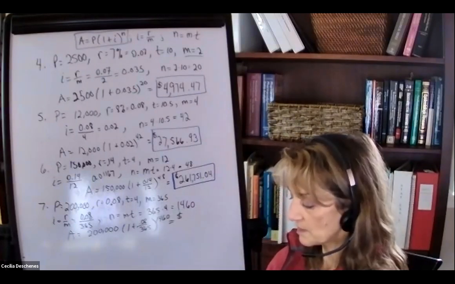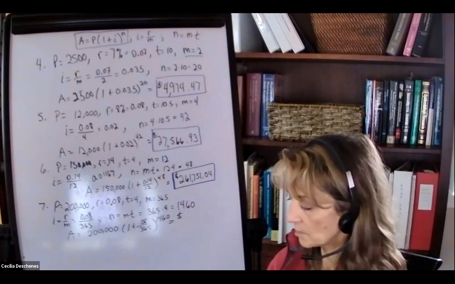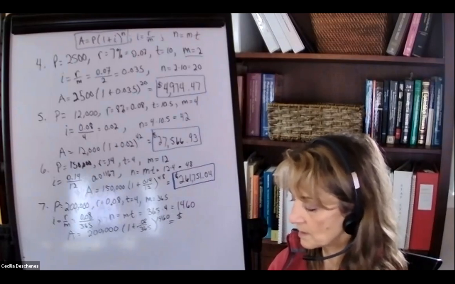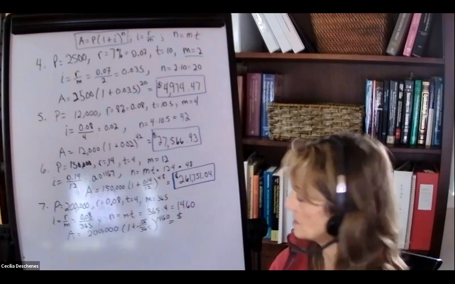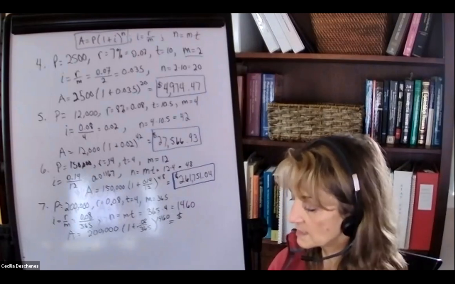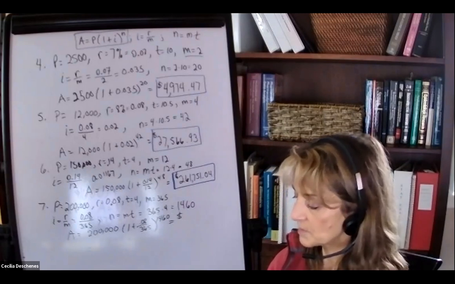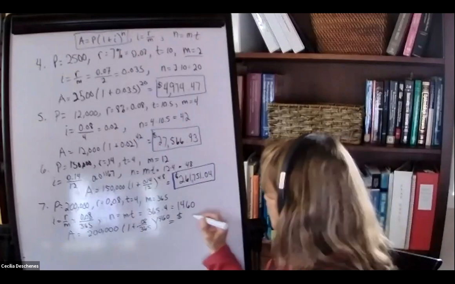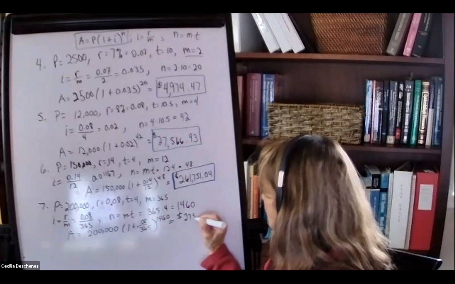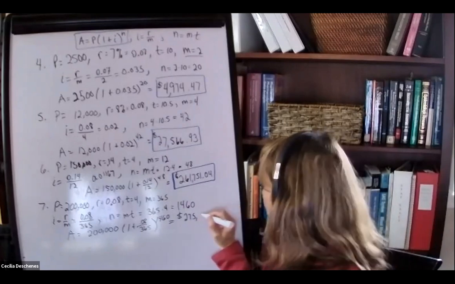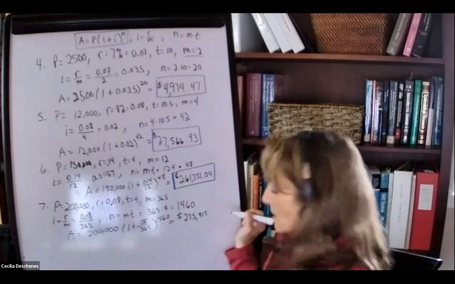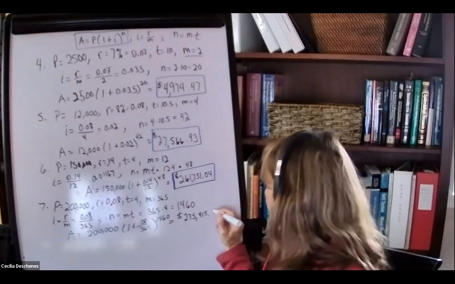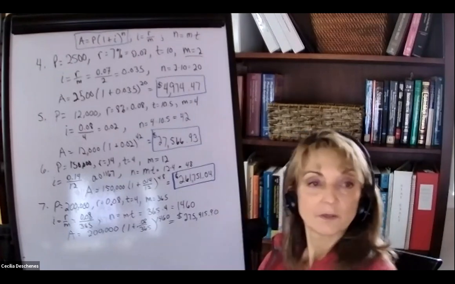All right, well, let's find out. 0.08 divided by 365 plus 1 raised to the 1460. And then multiply that by 200,000. And I get 275,415 and 80, well, actually, if you round up, 90 cents. Okay.